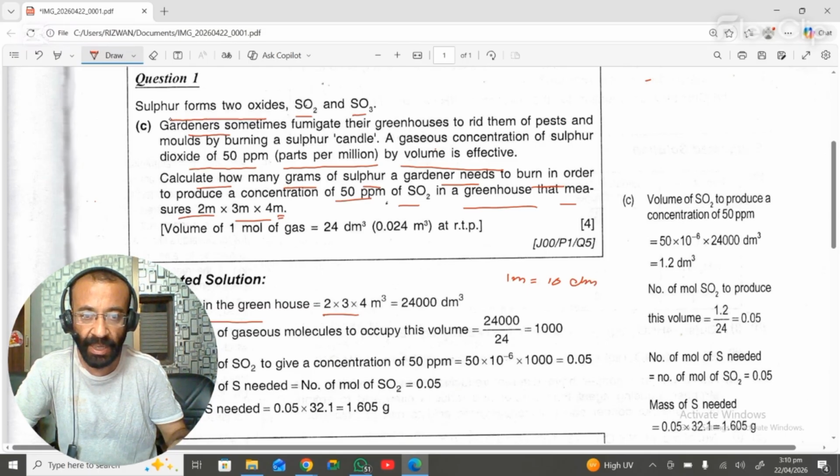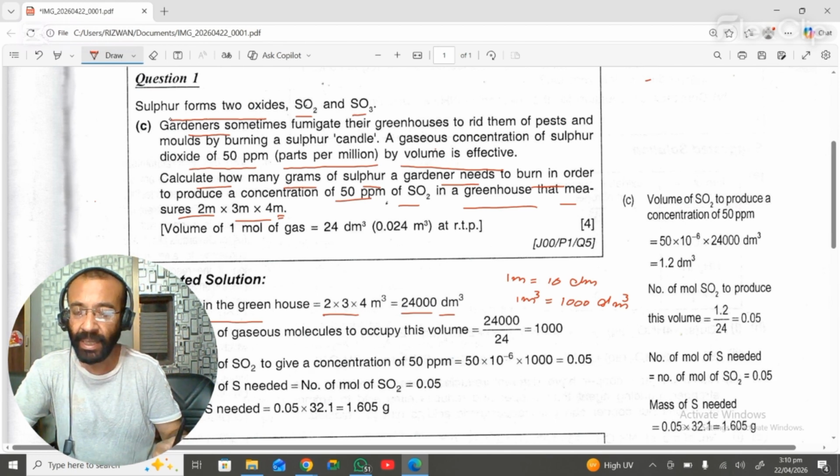So 1 meter cube will be 1000 decimeter cube. We multiply 2 times 3 is 6, 6 times 4 is 24, so we multiply 24 by 1000. This is the volume of the greenhouse in decimeter cube.